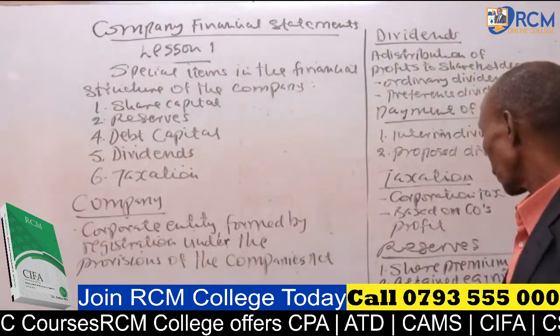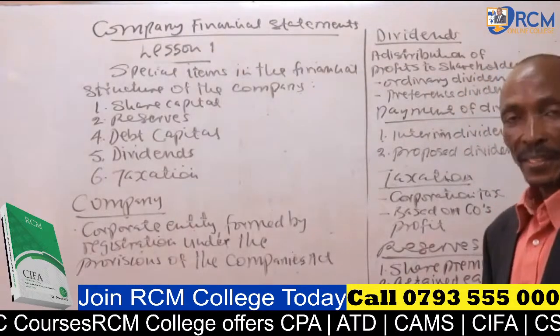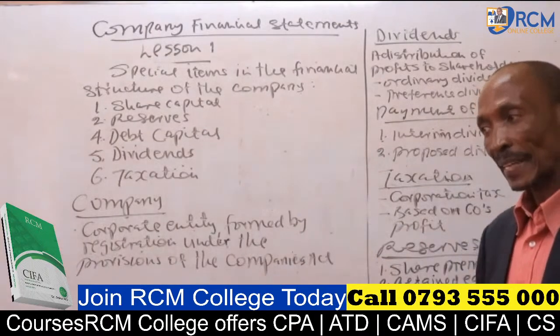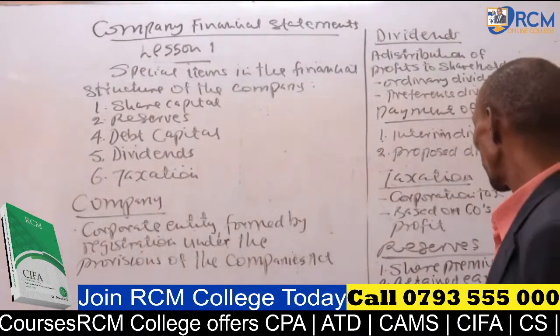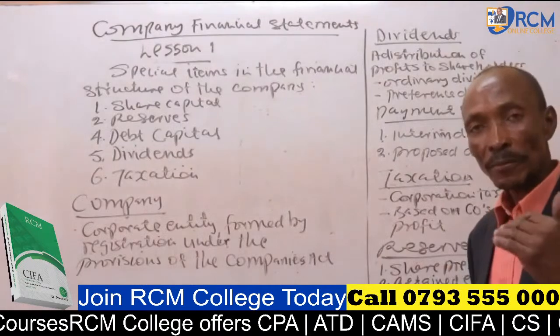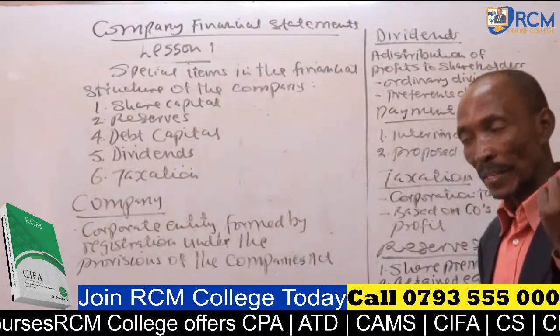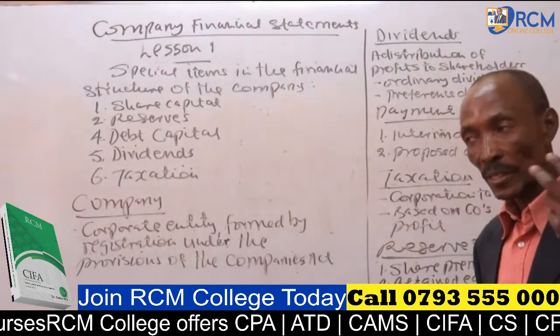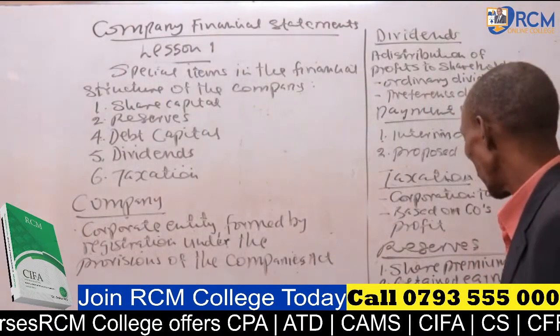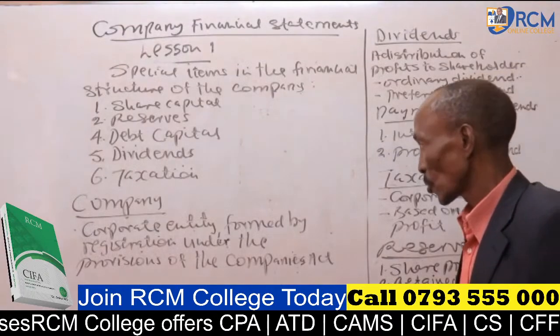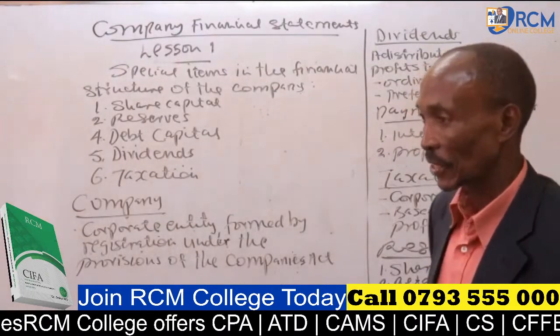Once it's on this platform, it can be used for a variety of purposes. But once in the form of retained earnings, it's usually either for paying dividends or for issuing what you shall be able to call bonus shares. So generally, these are the key terms.